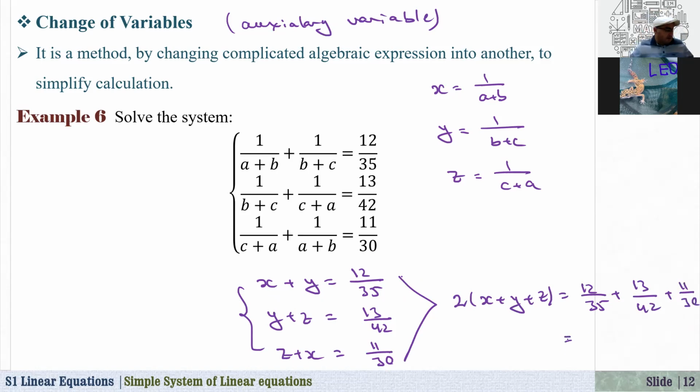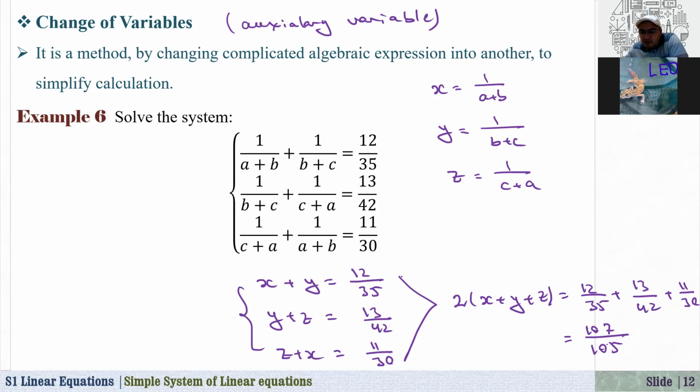If you simplify this, here we get 107 over 105, because the common denominator of 35 and 42 is actually 210.